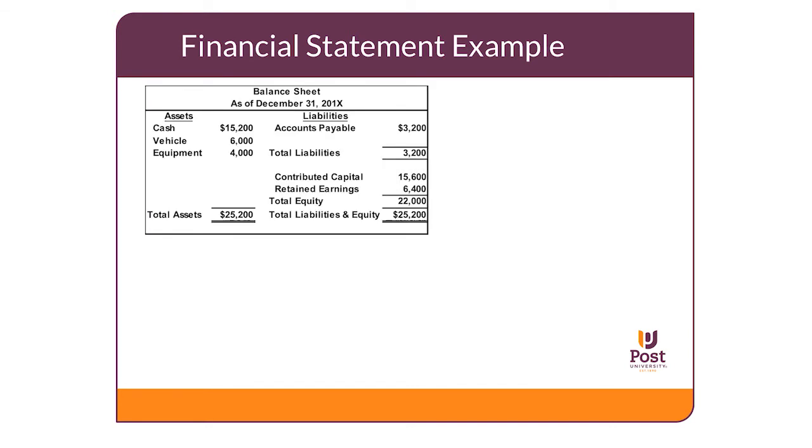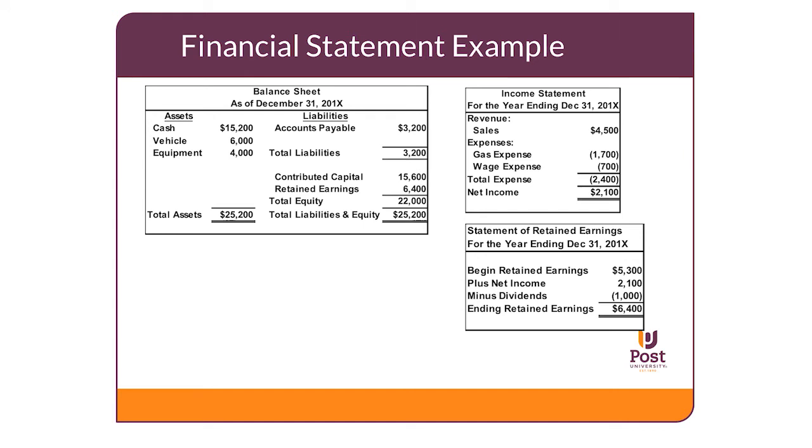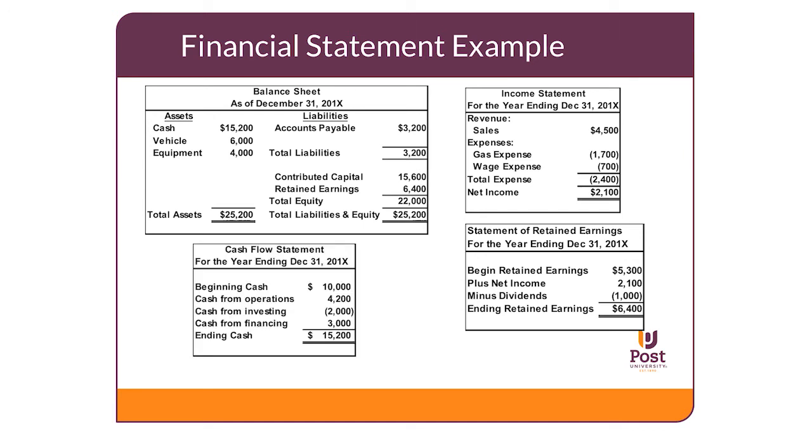The balance sheet is for a point in time. Remember that. It is a snapshot of a point in time. For example, it could be for the year ending December 31st. The other 3 financial statements, the income statement, the statement of retained earnings, and the statement of cash flow, are for a period of time.